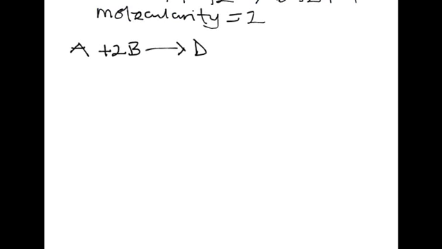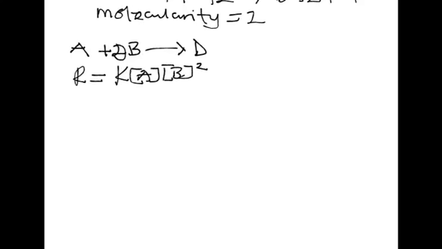Now if this reaction A plus 2B giving us D is a rate determining step and you write the rate equation, R equals K, concentration of A, and that of B to the power 2, then we know that the mole of A is to the power 1, so we won't write that one there. And if the mole of B is 2, we write the order to be 2.